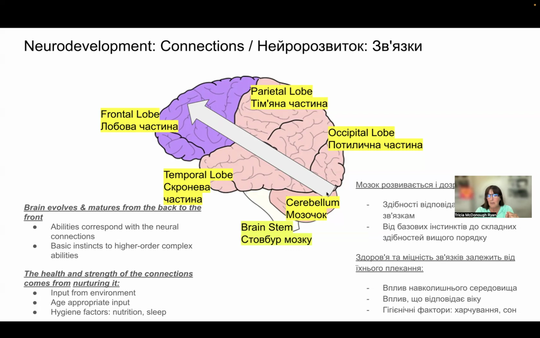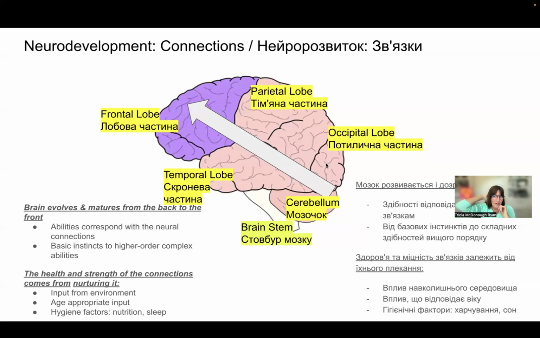And that this development emerges and reaches its strongest connections over the course of a child's life up until the early 20s, mid-20s, but continues to grow and make connections after that. And that these connections happen and are developed from the back of the brain to the front of the brain.